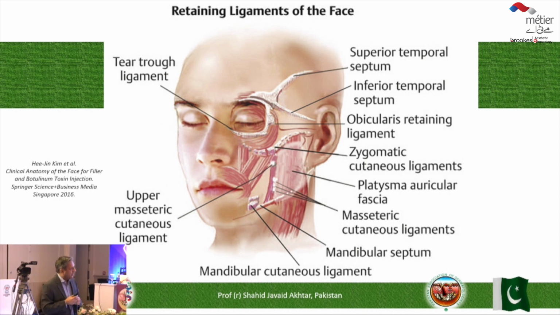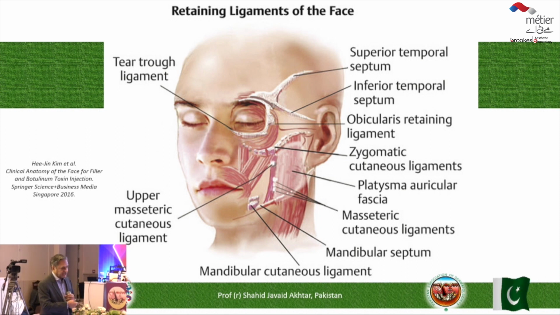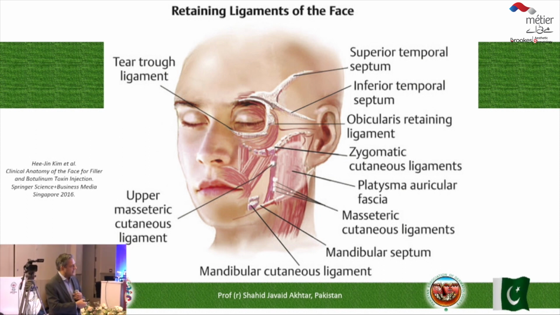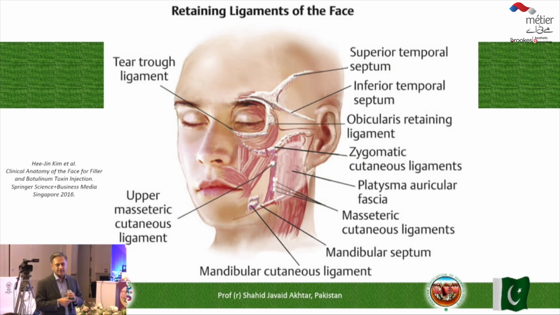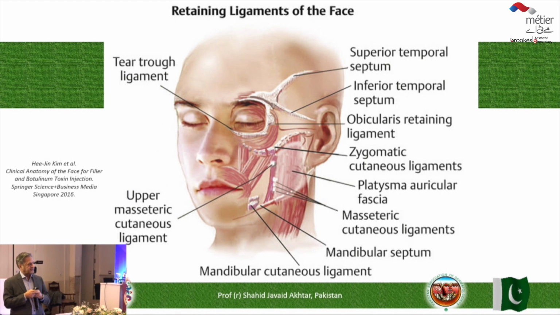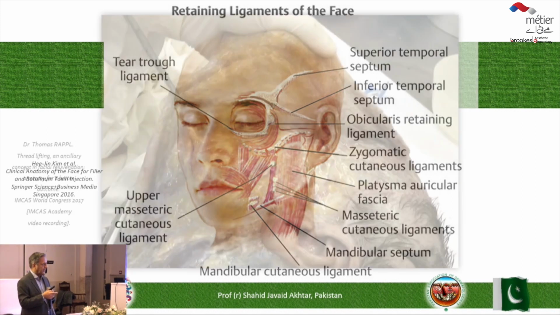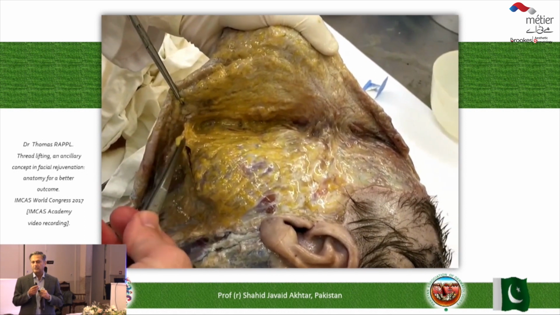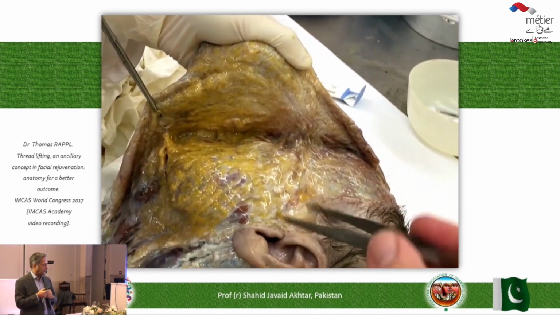This shows the ligamentous attachments, and these ligaments, by way of their attachment to the bony surface, give rise to certain compartments, and that's why when we inject in these compartments, the injected material remains localized to that particular area. The knowledge of this is helpful when you are planning to inject deep onto the periosteum.